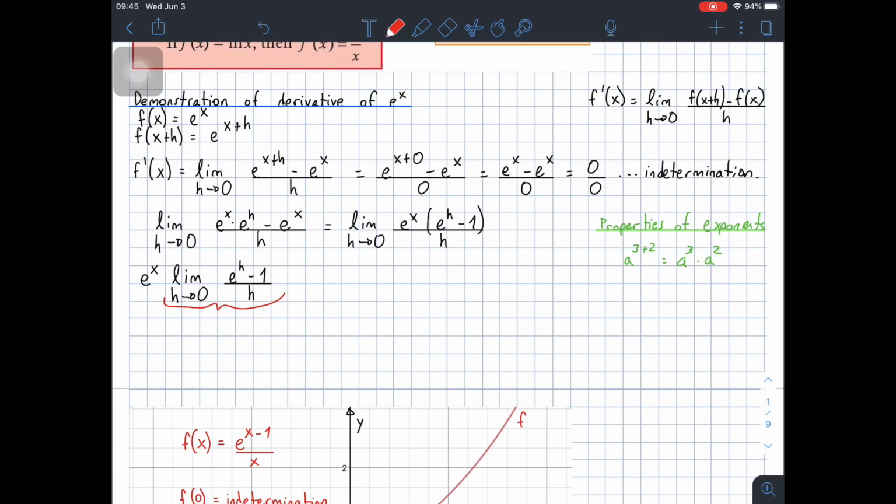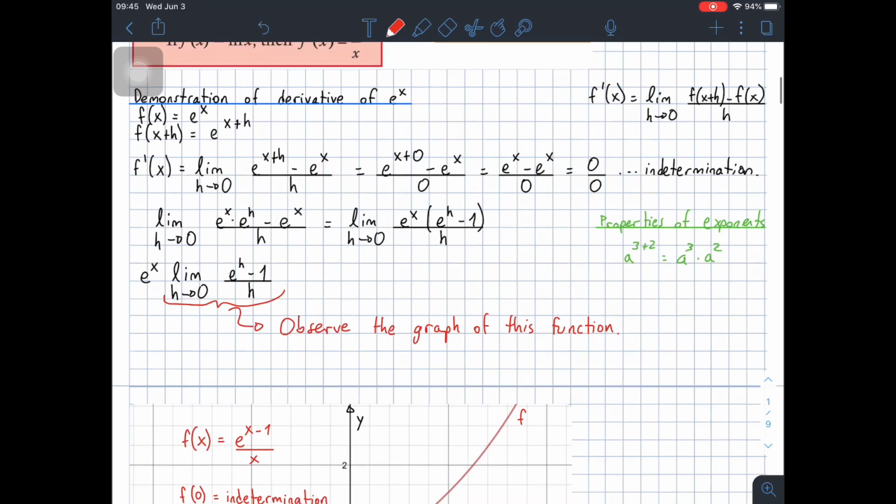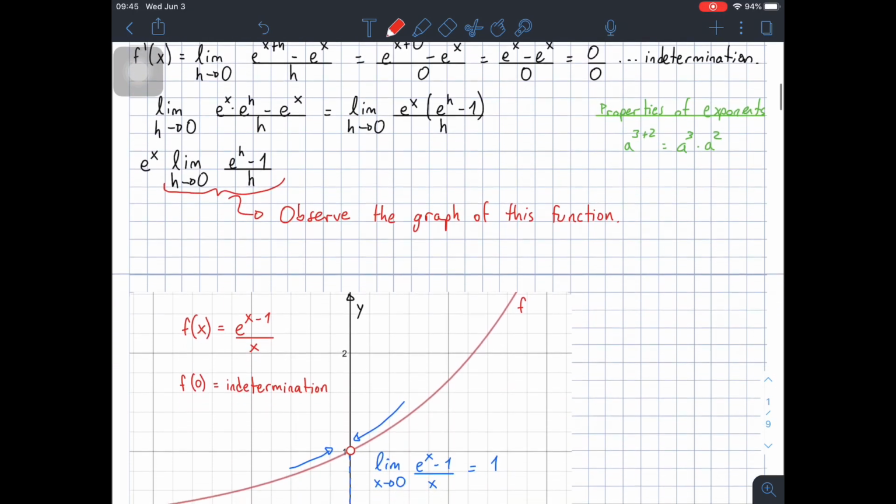We're going to observe the graph of this function. If we plot this function, e to the power of h minus 1 over h, and see what happens in the limit, we're going to get this, okay?